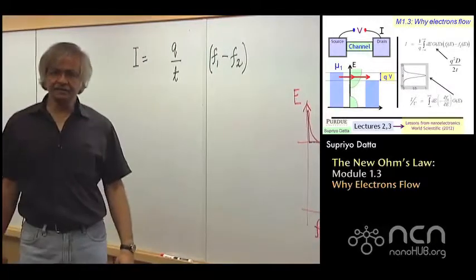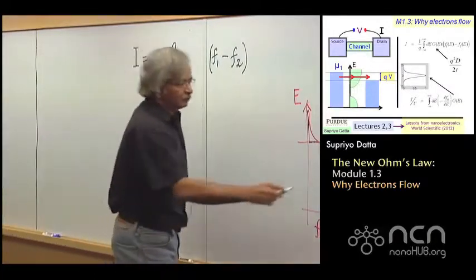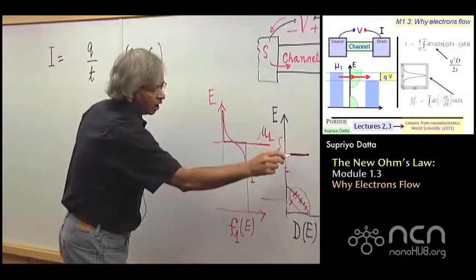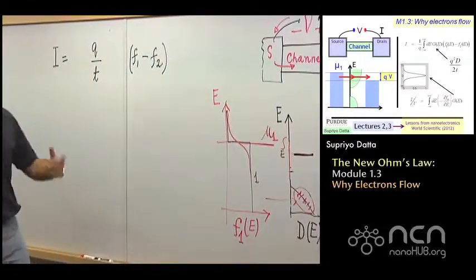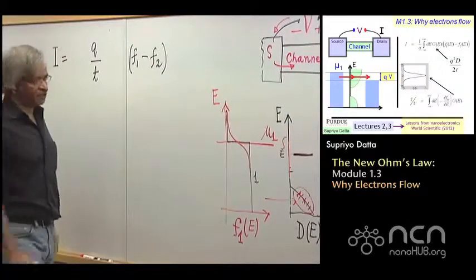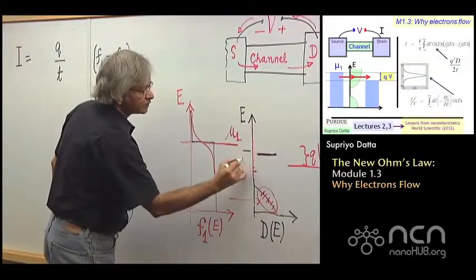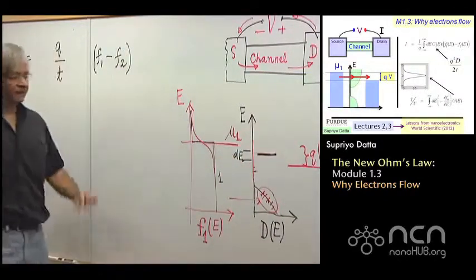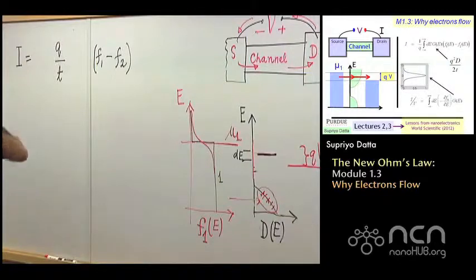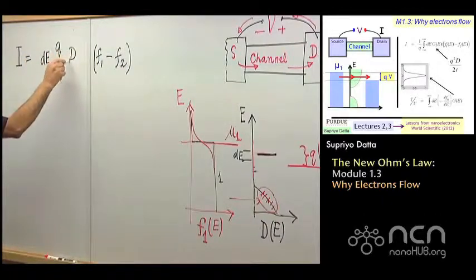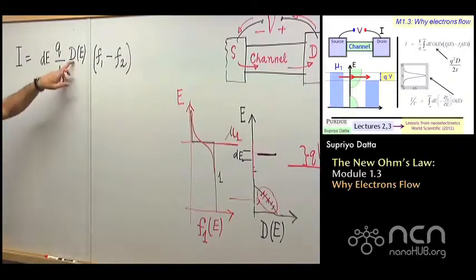Now what we have is, of course, if you look at a particular energy, how many levels do we have? Well, if you look at a certain range of energies, let's say some range of energies given by dE, then the number of levels in that energy range is dE times the density of states.